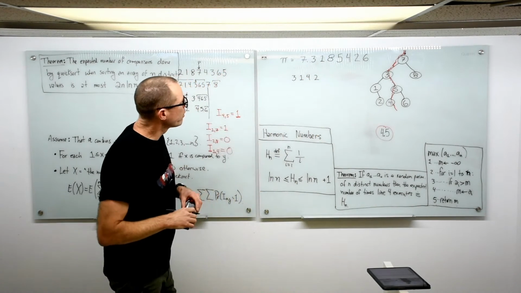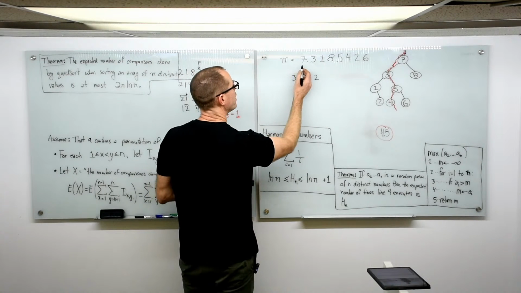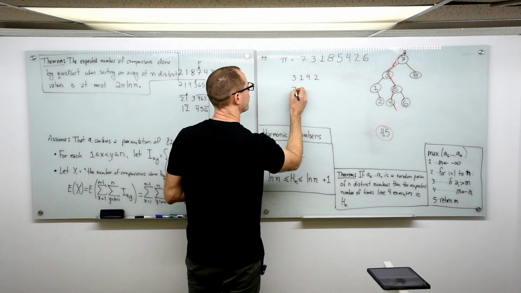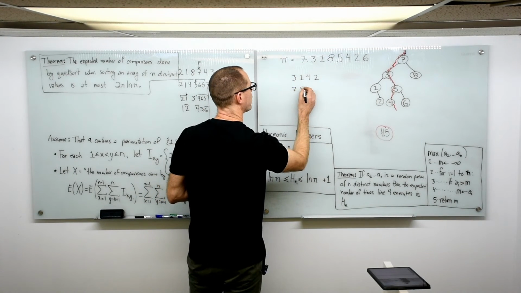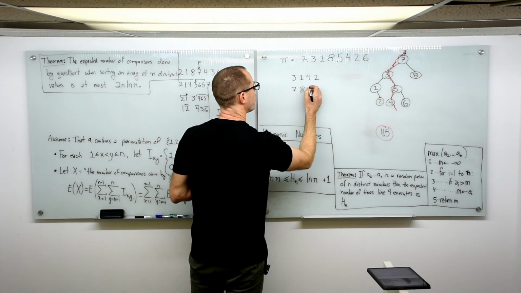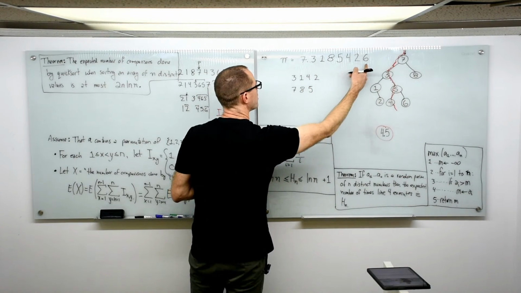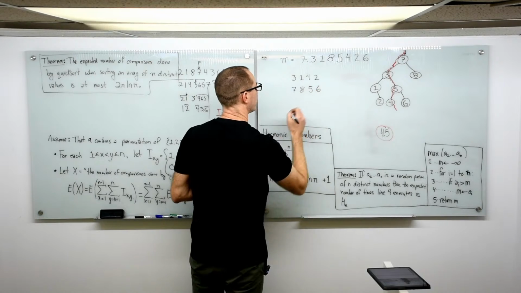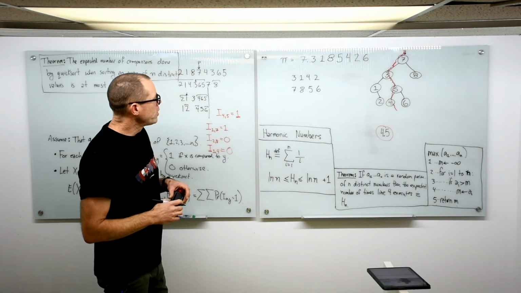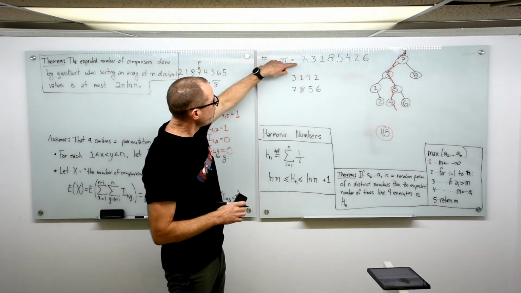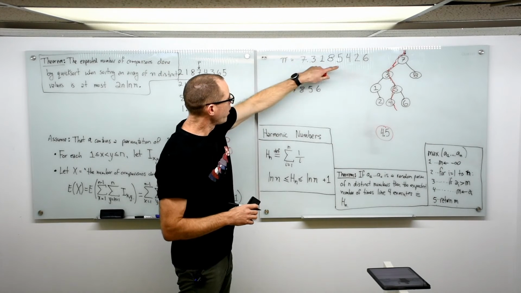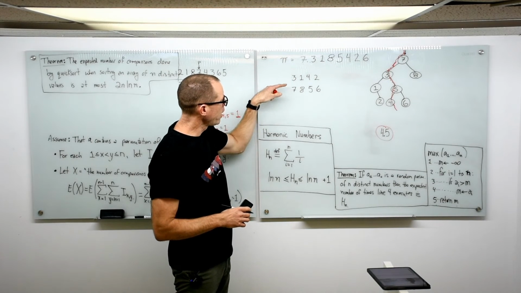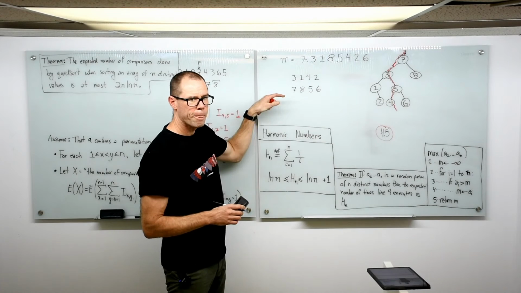And the stuff that's bigger than 4.5 was 7, 8, 5, and 6. So things are appearing in the same order, but I've just split it into stuff smaller than and stuff bigger than 4.5.